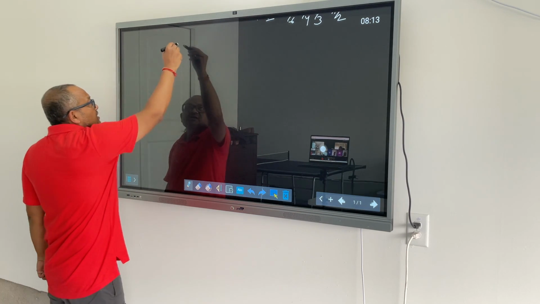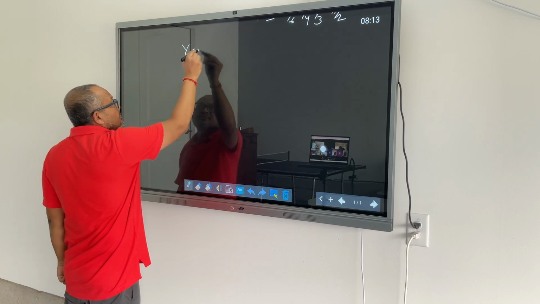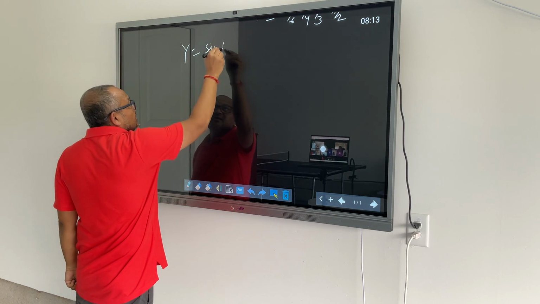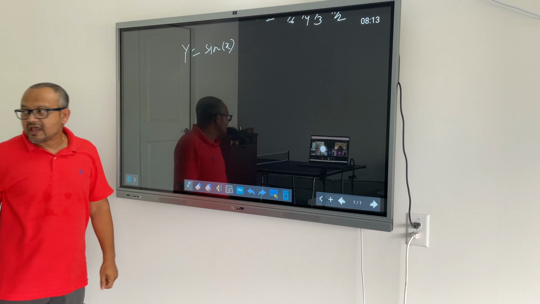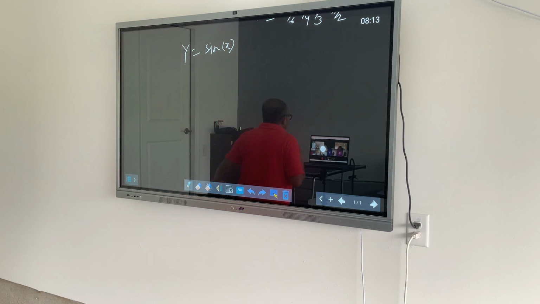The question was, how do we plot sine of x? Here when we try plotting the sine function or cos function, we try using radians. Okay.